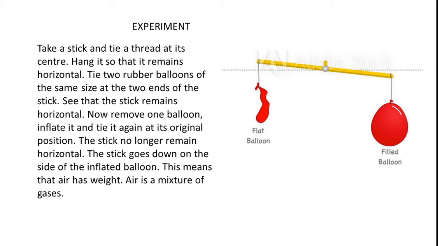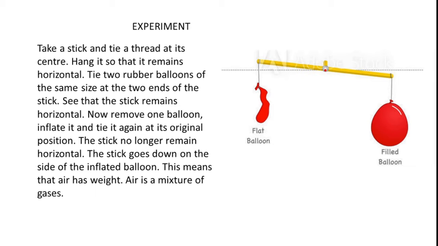Next is an experiment to prove that air has weight. So take a stick and tie a thread at its center. Hang it so that it remains horizontal. Tie two rubber balloons of same size at the two ends of the stick. See that the stick remains horizontal.